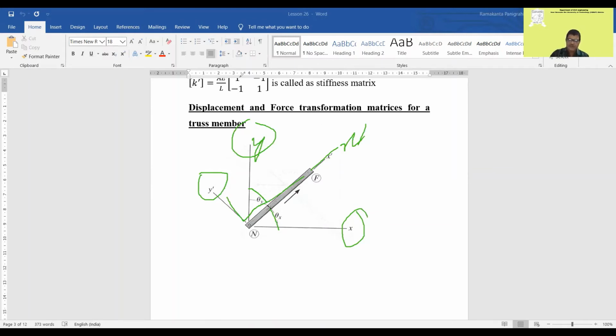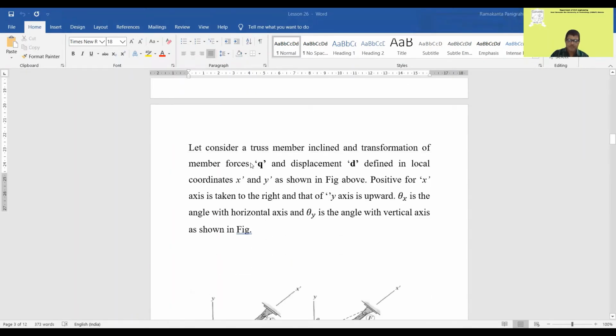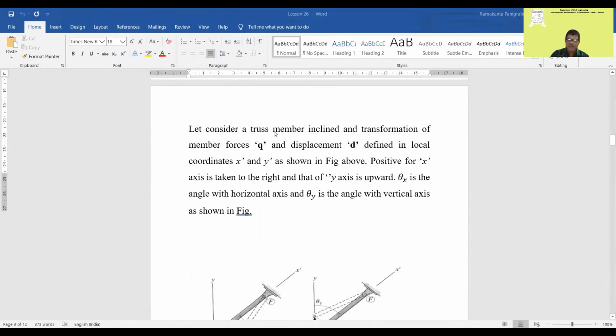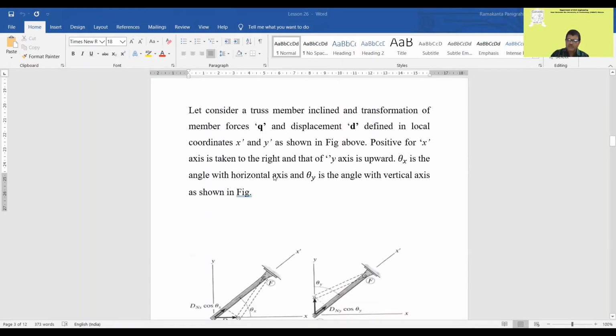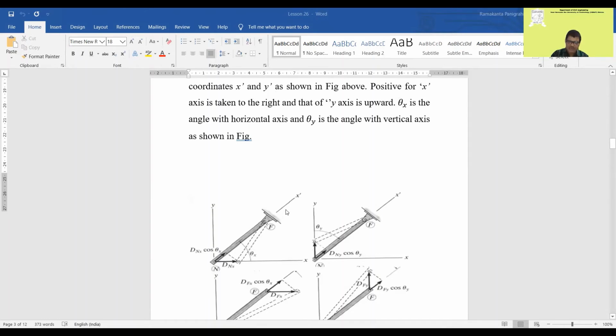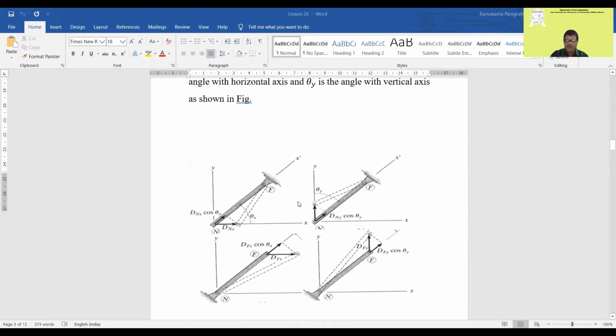Now let us try to develop this. Let us consider an inclined truss member and the transformation of member forces and displacements. The displacement is the D matrix, dn and df, and the member force q in the local coordinates x dash, y dash, as shown in the figure. These are the local x dash and y dash. These are local. This is the far end. This is the near end.